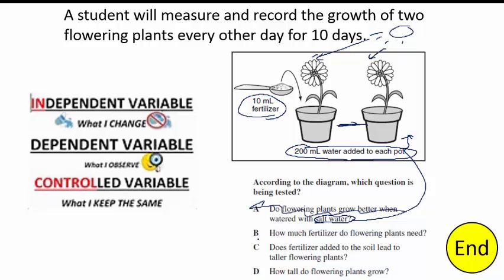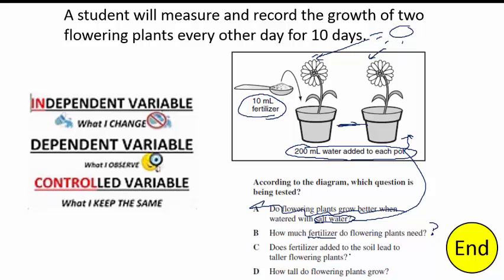So A's gone. B. How much fertilizer do flowering plants need? This one's close. It says fertilizer, but we're not changing the amount of fertilizer putting into each pot. So I'm going to not cross this one out, but I'm questioning that statement.